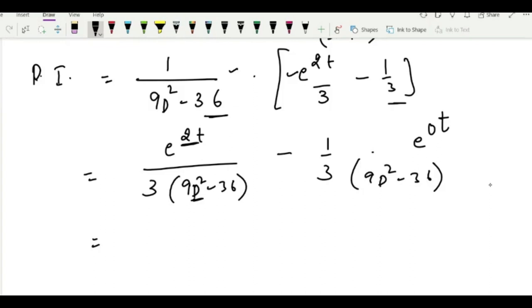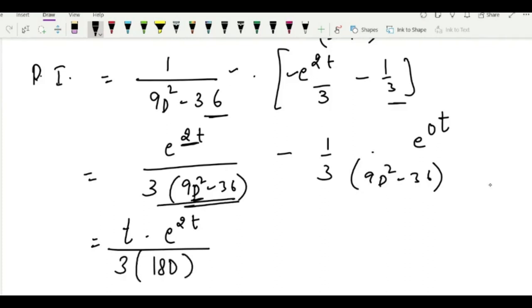So in this case, we have the method of multiplying by t and taking the derivative of the below part. 9 twos are 18D. This will become the derivative 18D, and from here we put D is equal to 0. So when we put D is equal to 0, we get minus 36.